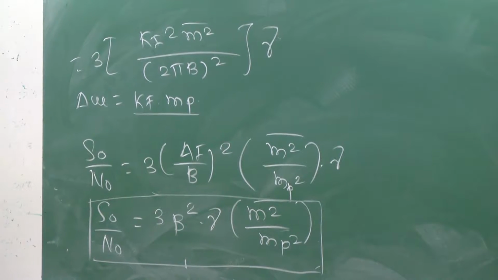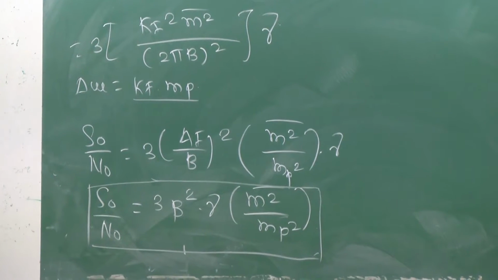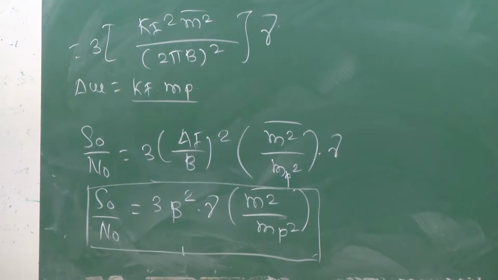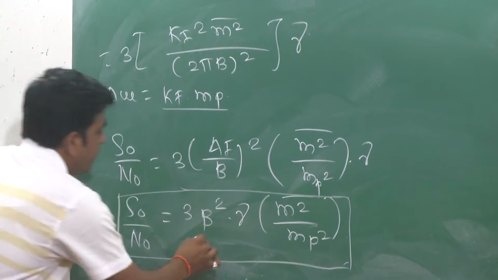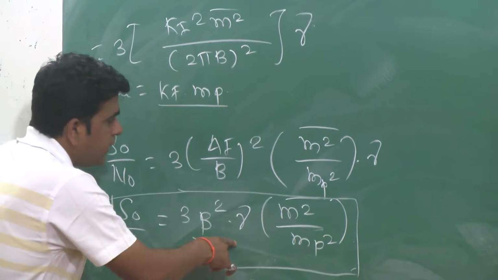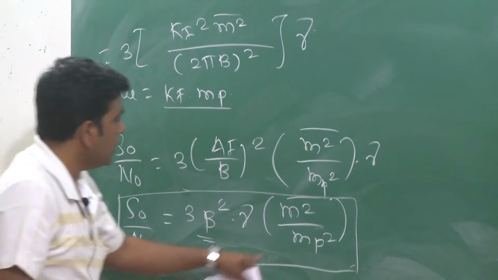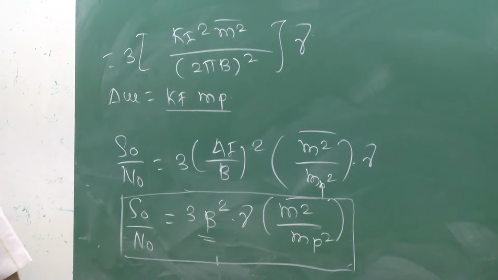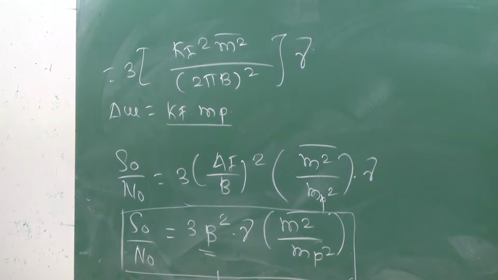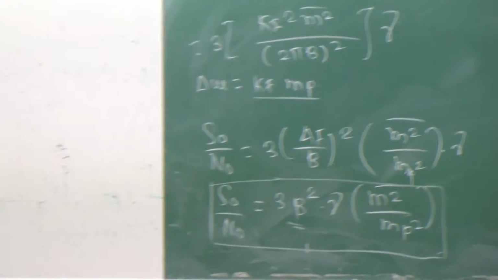This is given as 3 into beta square into gamma m square bar divided by mp square. Here beta is the modulation index, gamma is the input signal to noise ratio, m square bar is the average power of the message signal, and mp square is the peak value.